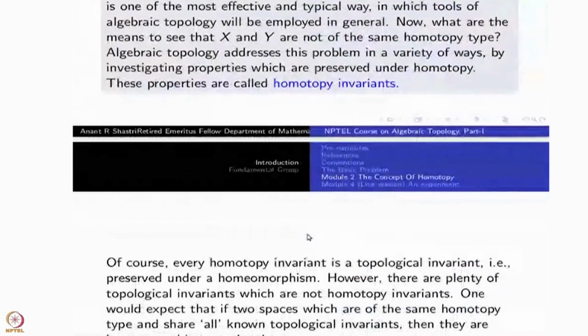Every homotopy invariant is also a topological invariant. There is no problem. But there are many topological invariants which are not homotopy invariants. We have already seen one here, namely Sn and Rn plus 1 minus 0. They have the same homotopy type. Okay. They are not homeomorphic, it's very easy to see. How?